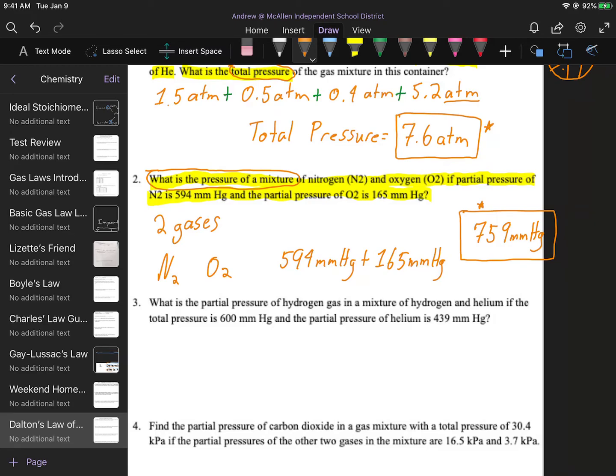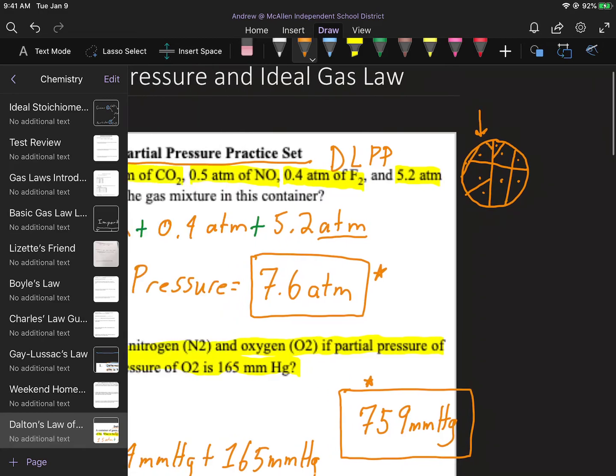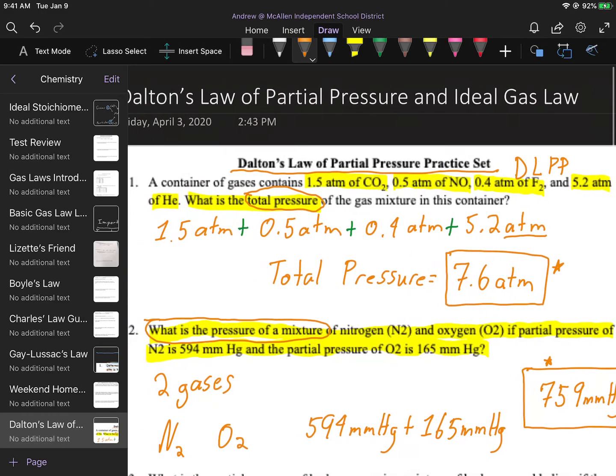It's the total pressure, so it needs to be the biggest number. If it's all the pieces of the circle added together, the circle obviously needs to be the biggest one. So we're comparing that to 5.2. 7.6 is bigger. 0.4, 7.6 is bigger. 0.5, 1.5. In all cases, 7.6 is bigger.